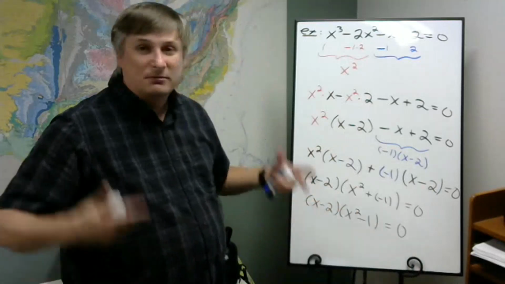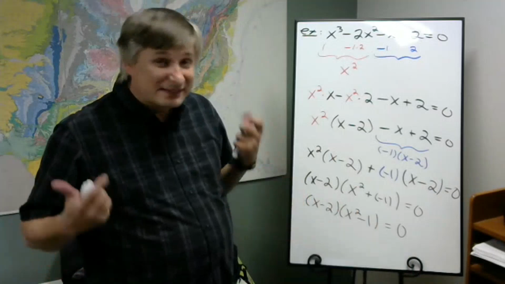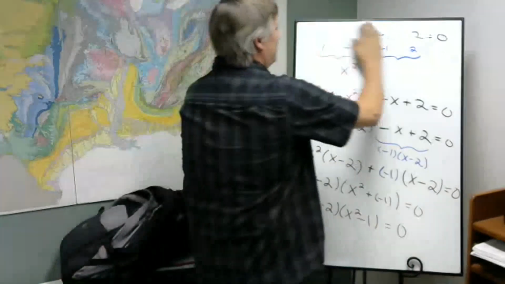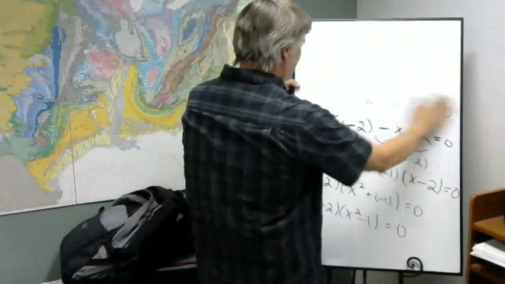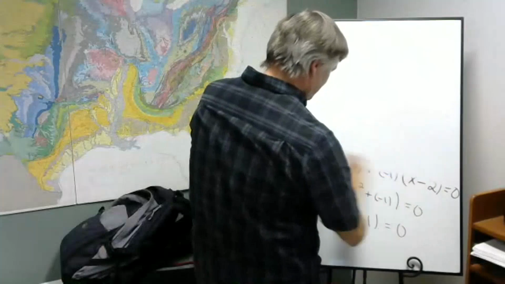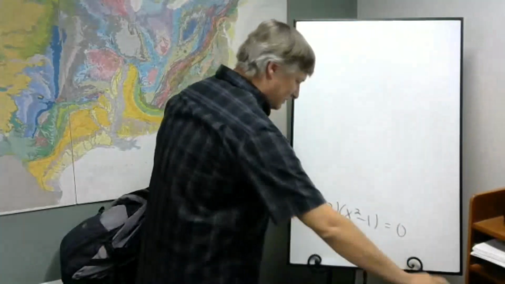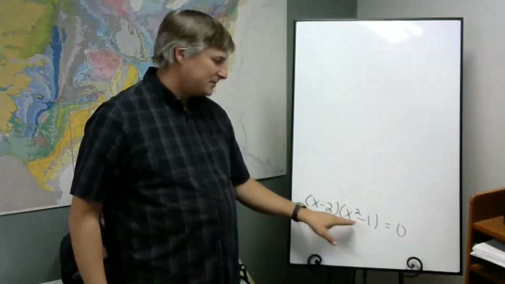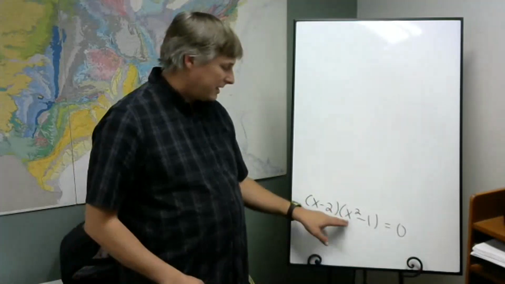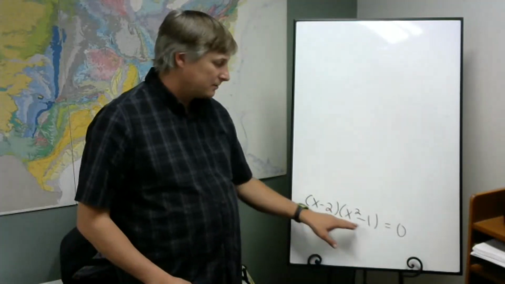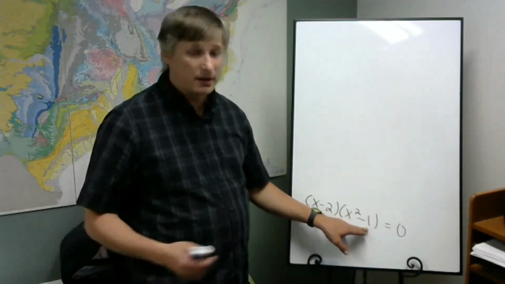So we've got this. We think we're done. We're not done. Check this out. This is a difference of squares. X squared will give you x squared. 1 squared will give you 1.